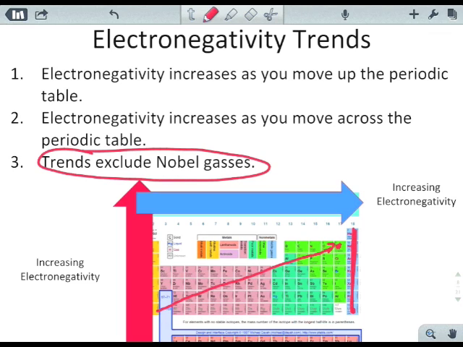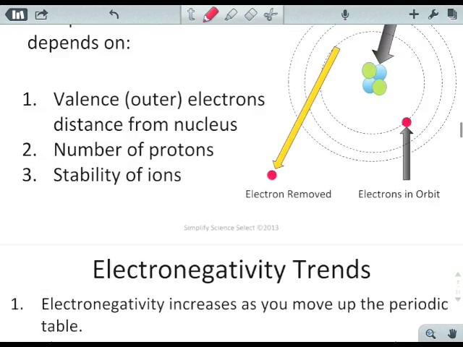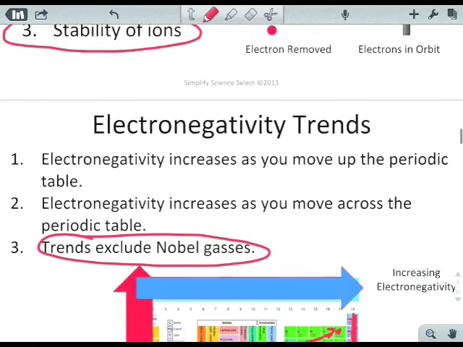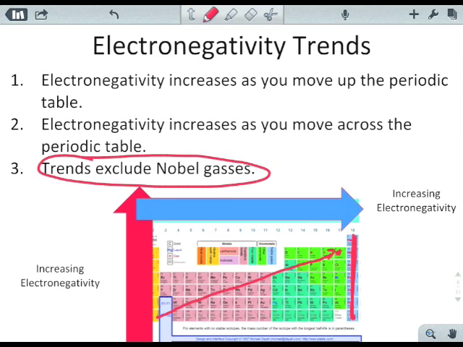One of the reasons the noble gases aren't included is that, remember, of the three things electronegativity depends on, the third is stability of an ion. The noble gases do not want to form ions. Under normal circumstances they never form ions, and so they're never in chemical bonds.